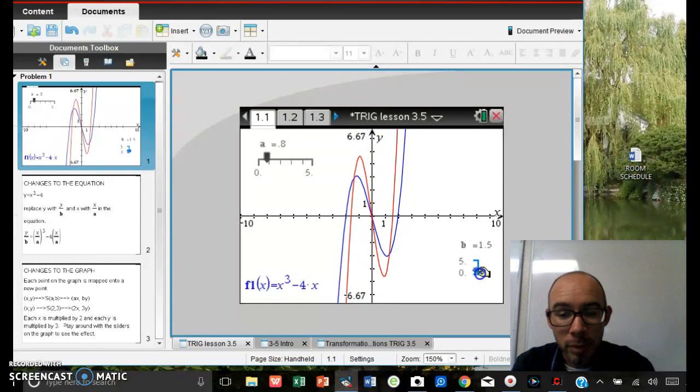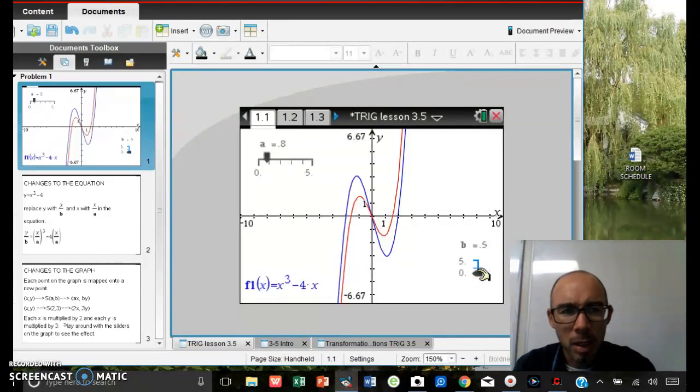I like the 0.5. There we go. It's half as high. Everything else is the same, but it stretches it in the y direction in the way that coincides with the value for b that I replace y with in the equation. Replace y with y over b, and replace x with x over a, and you can see the effect.